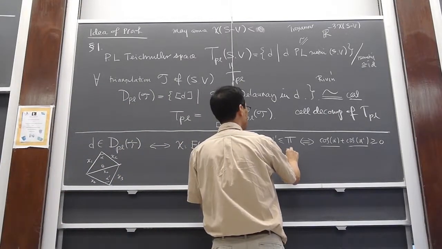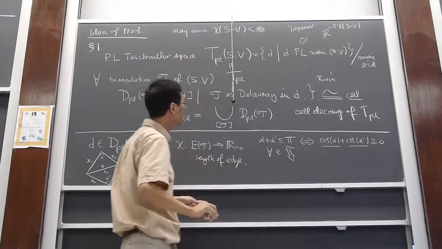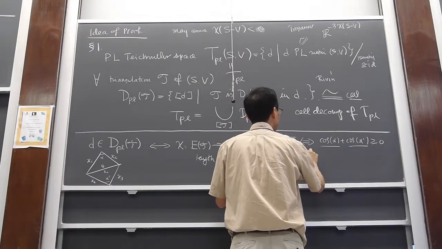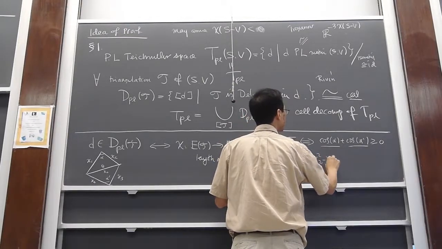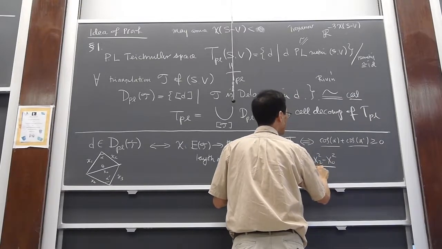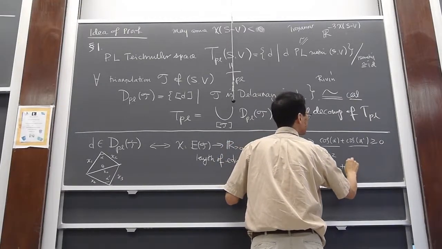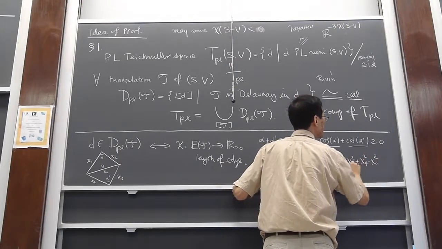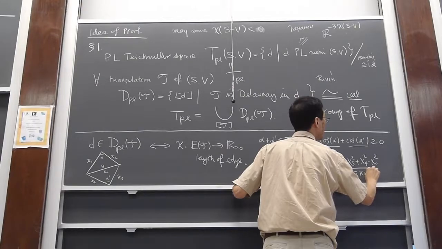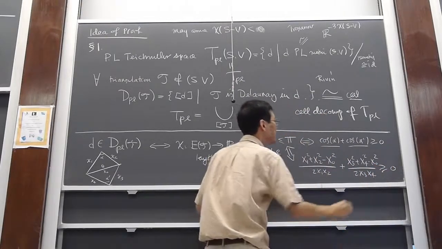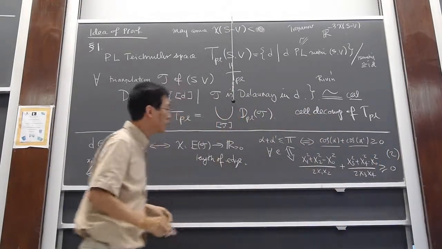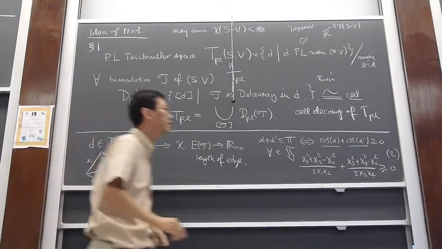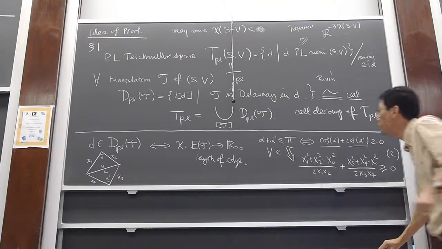So this condition, being Delaunay, is the same thing as (x1 squared plus x2 squared minus x0 squared) over 2 x1 x2, plus (x3 squared plus x4 squared minus x0 squared) over 2 x3 x4, being at least 0. So this is the Delaunay condition. But I should also say that to be a metric, we also have the triangle inequality.